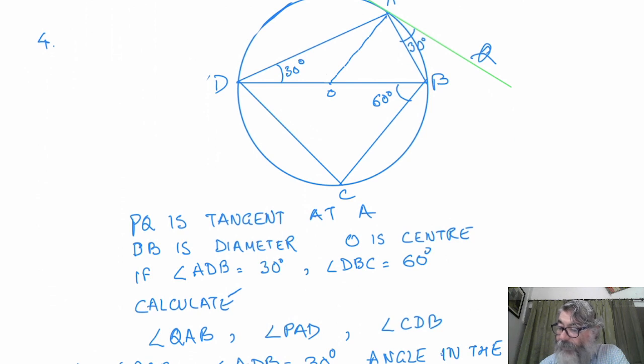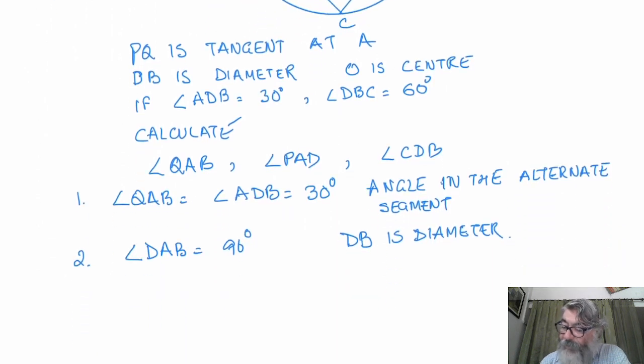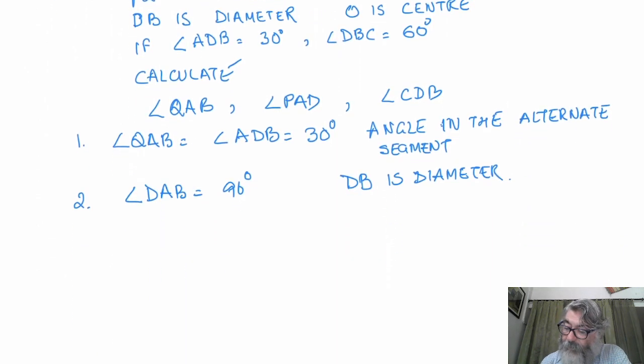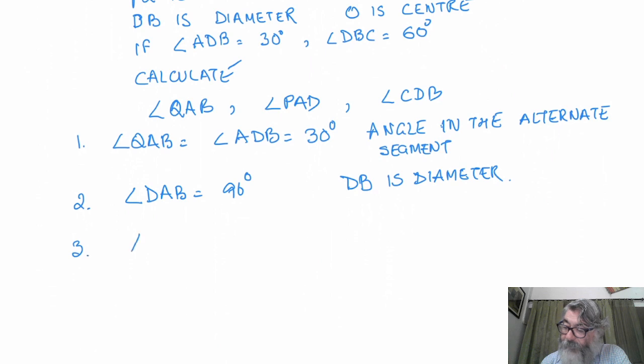So then I can calculate angle ABD. This will come out to be 60 degree, because this is 30, this is 90. So the third angle of the triangle ABD, angle ABD, will be 180 minus 90 plus 30, that will come out to be 60 degree.